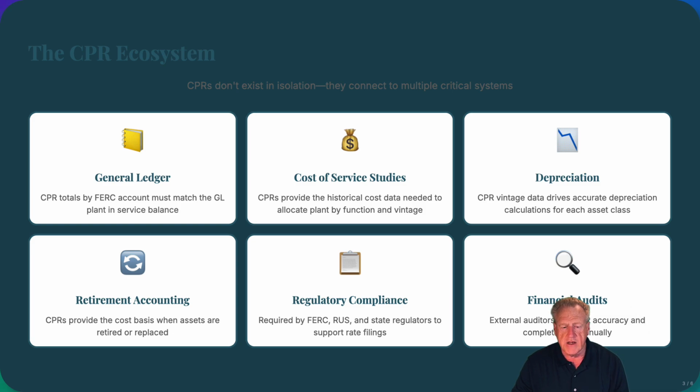If you're a regulated utility by a state commission, by FERC, by RUS, they are used in supporting rate filings or depreciation studies. And for financial audits, your financial auditors may test the accuracy of your CPRs and completeness to determine that what you have placed into service supports the balances on your general ledger.